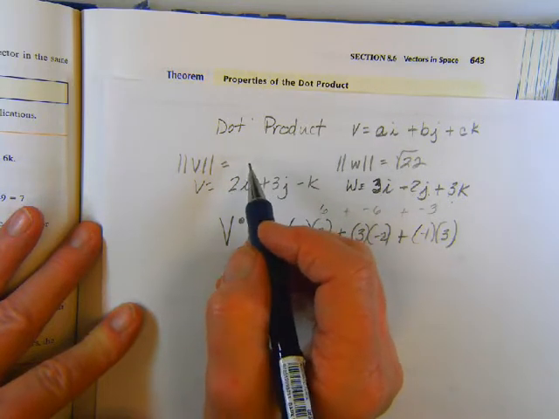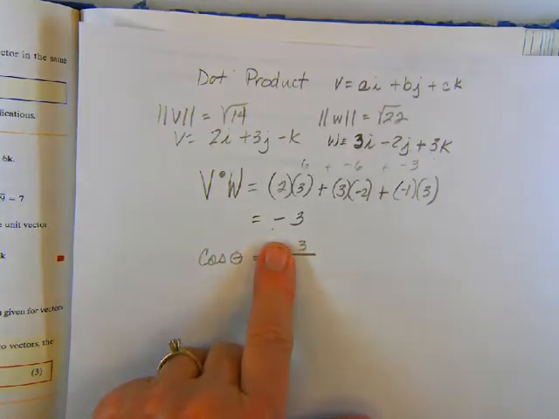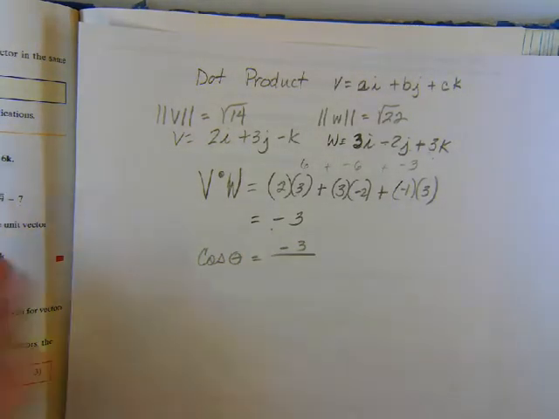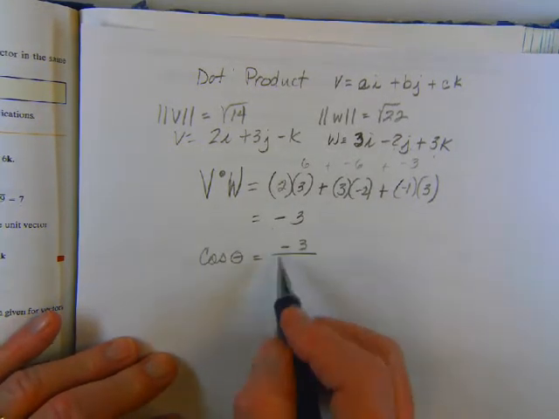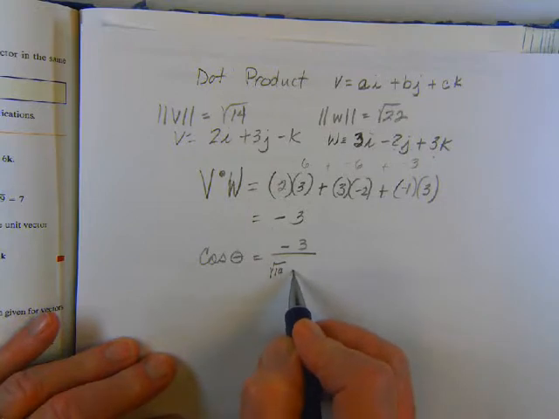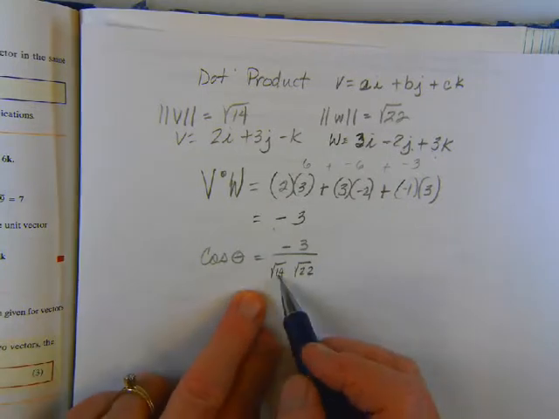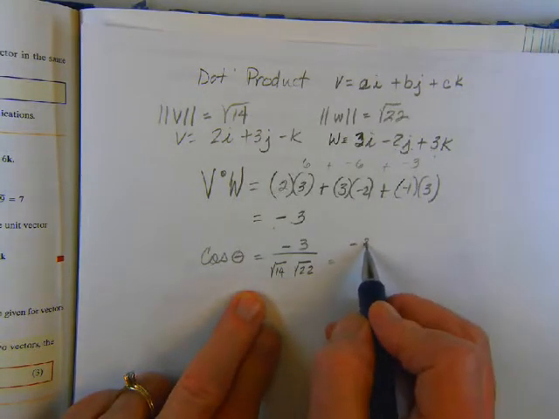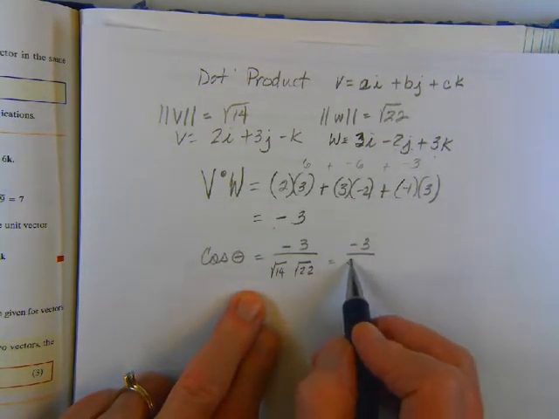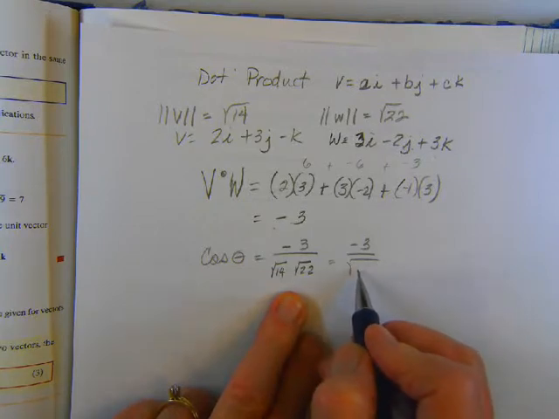Square root of 14. So we've already found the dot product is negative 3. To find the angle between them, put that over the product of the magnitudes. Now you can multiply these two together and have negative 3 over, and what's 14 times 22? 308.